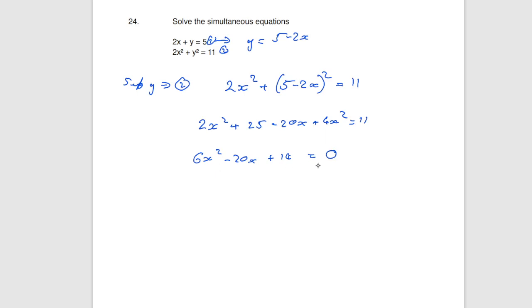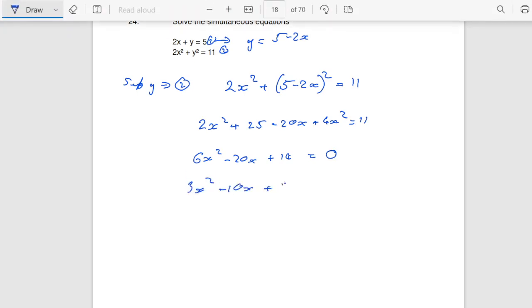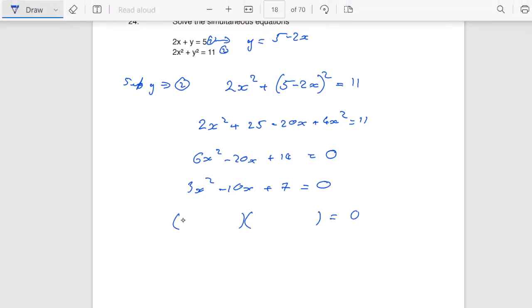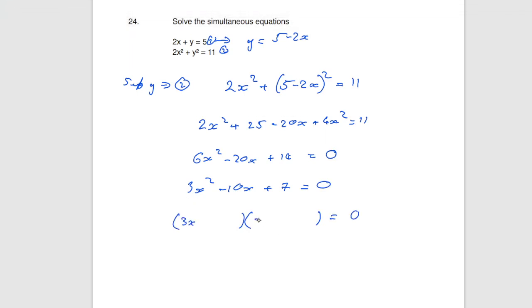So all of those numbers are even, so I can cancel down by a factor of 2. So 3x squared minus 10x plus 7, which is going to be easier to factorize. It is quite a complicated one to factorize, but to make a 3x, we can only have a 3x and an x, and then to make a 7, we can only have a combination of a 7 and a 1. We need to place it correctly to make minus 10 though.